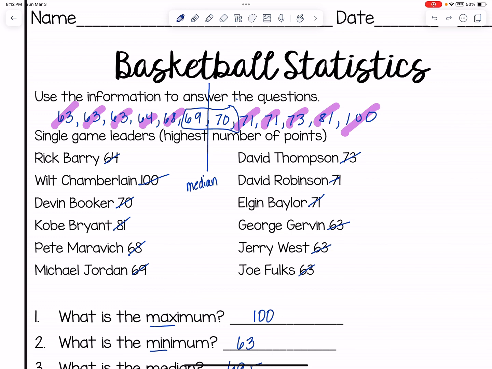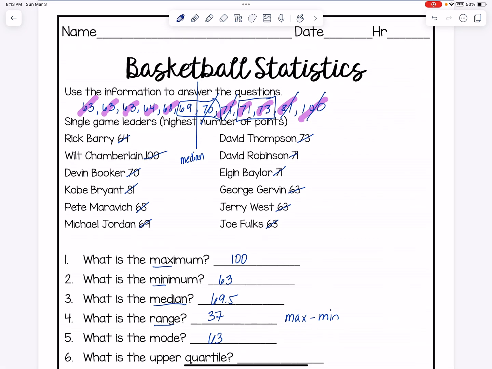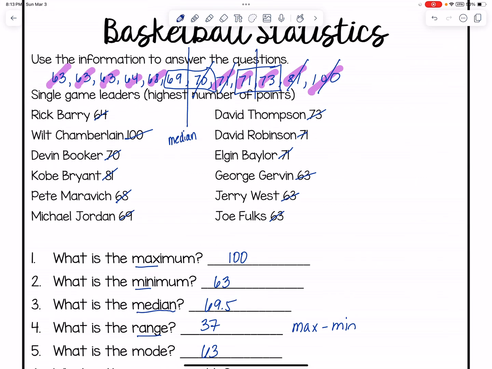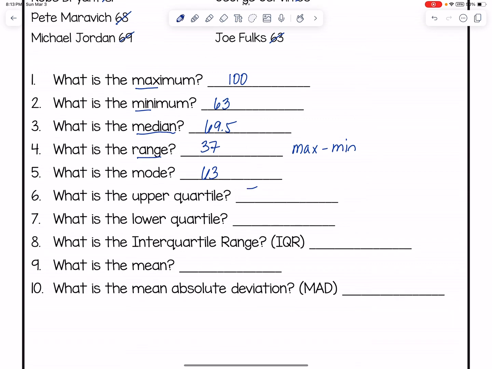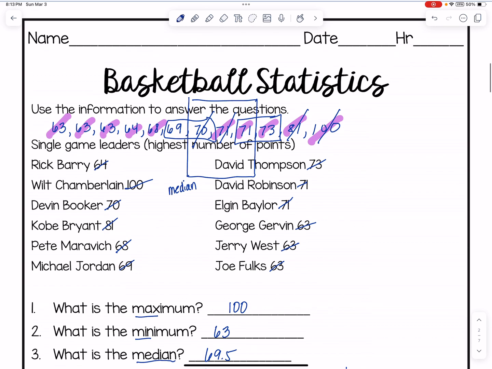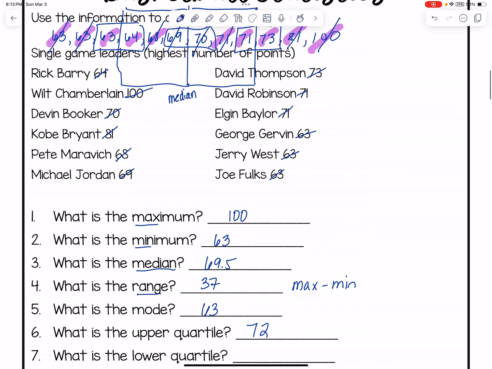So we cross off, cross off, cross off, cross off, and then we're down to these two again. So what's in between 71 and 73? Well, 72 is. So 72 creates that part of the box. So the upper quartile is what we call 72, and the lower is going to be the middle on this end. So cross off on the right, left and right, and then in between 63 and 64, there's our other quartile. So that's 63.5.